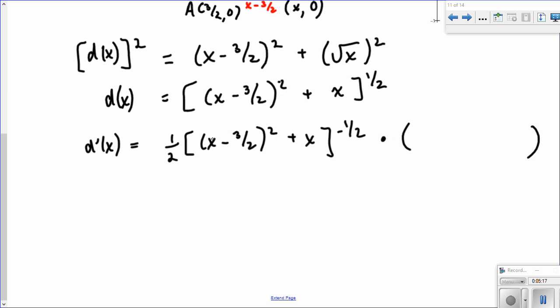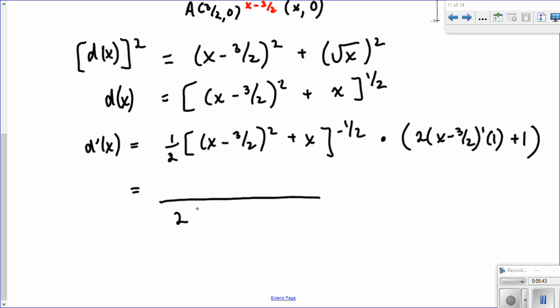That's going to be 2 times, and then this 1 is the derivative of this inner function, and then I've got the derivative of x, which is plus 1. So this actually just cleans up like this. In my denominator, I've got a 2, and then I'll write it as a square root.